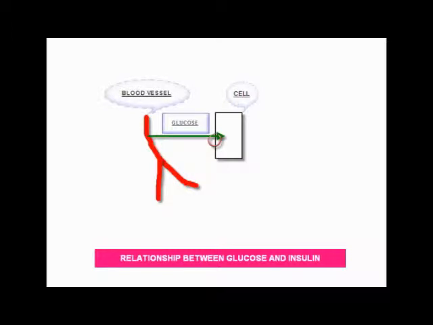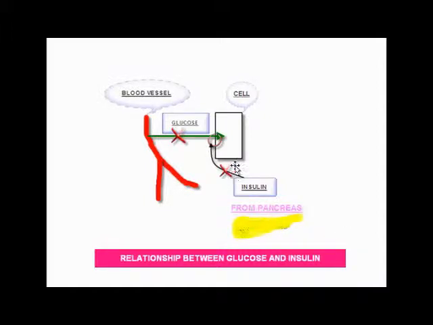At the cell wall shown here in this brown circle, there is something that is needed that helps the glucose enter the cell, and that something is called insulin. Insulin is a hormone which is made in the pancreas, which is situated in the upper part of our abdomen.